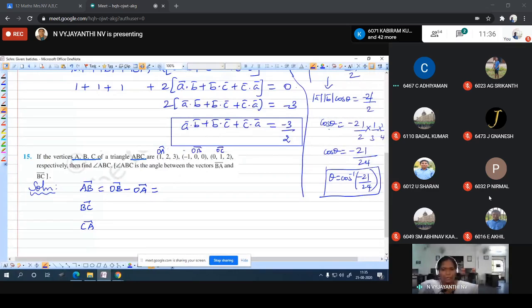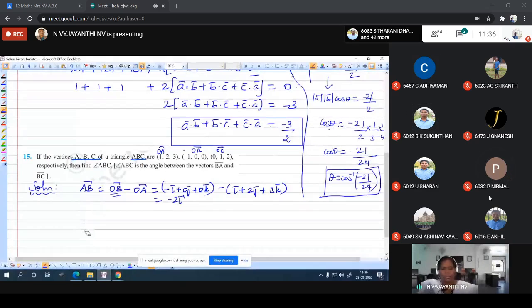So OB vector is minus i plus 0j plus 0k, minus OA vector, which is i plus 2j plus 3k. That will be equal to minus i minus i gives minus 2i, minus 2j, minus 3k. This is AB vector. Similarly, BC vector is OC vector minus OB vector.